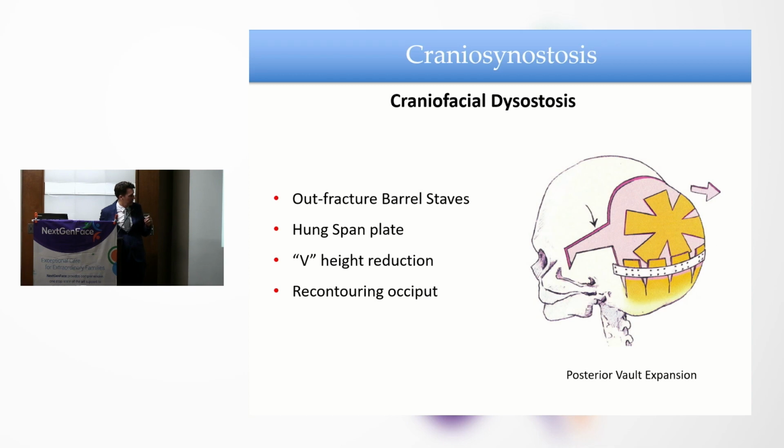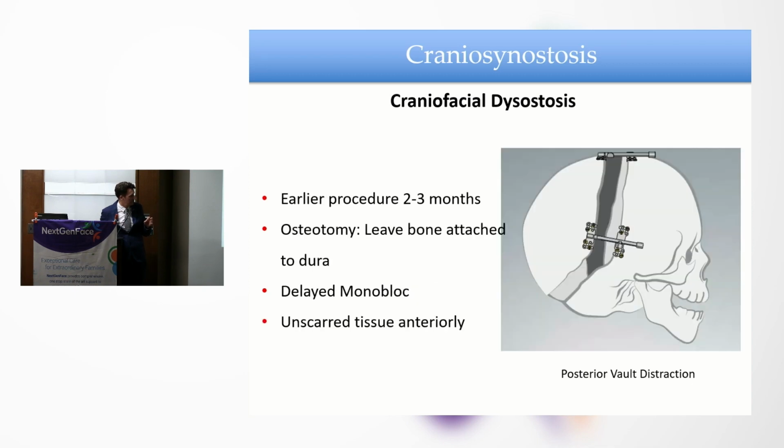We used to do that around a year of age. You can see the shaping with barrel staving, using a plate to secure that, reducing the height again, and recontouring the orbit.